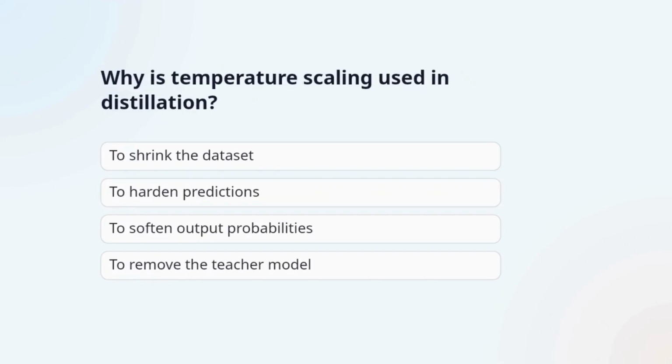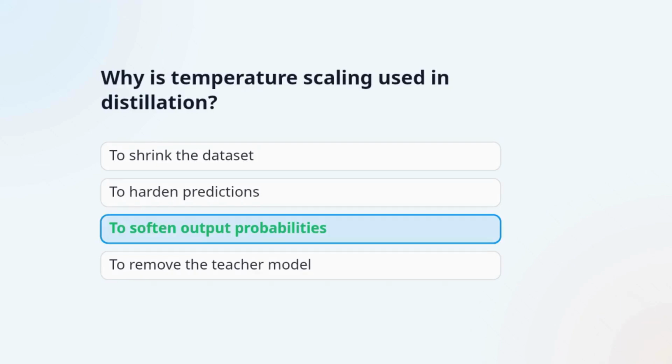Question 2. Why is temperature scaling used in distillation? The correct answer is to soften output probabilities. Temperature scaling makes probability outputs more uniform, helping the student learn more nuanced relationships.